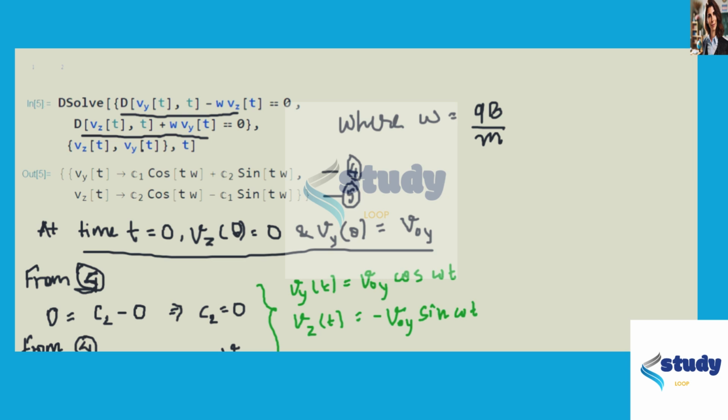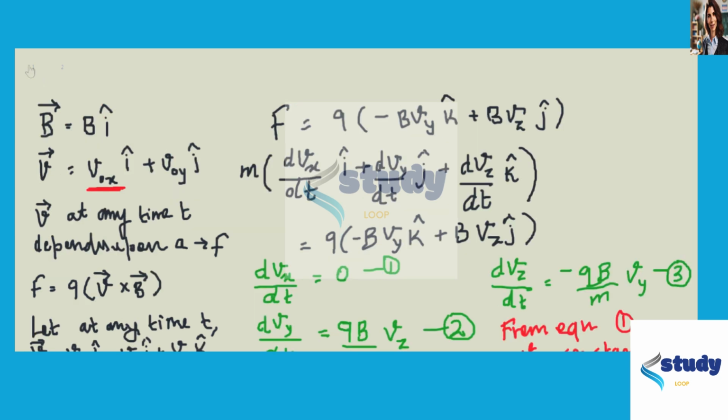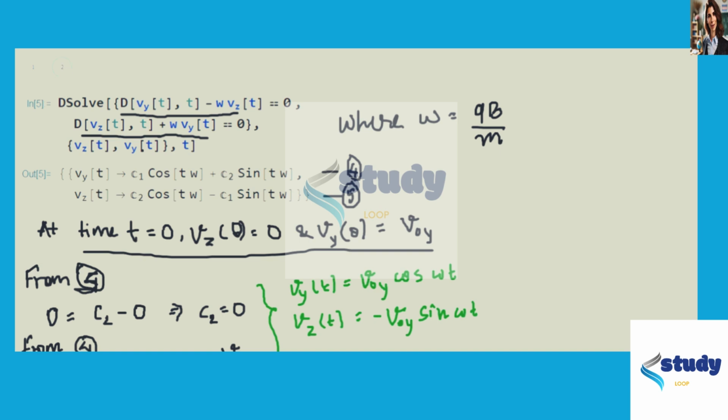So we found all the components of velocity: vx here, vy here, and vz here.